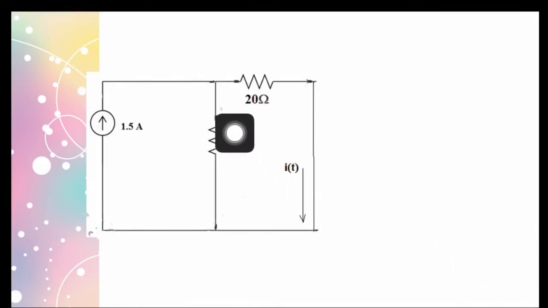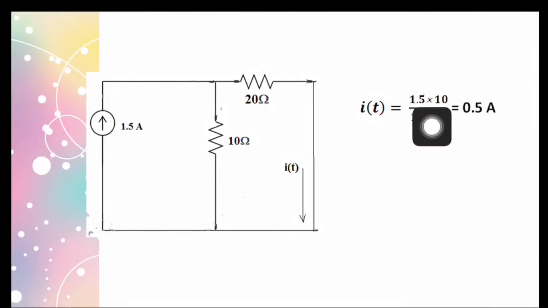Now look at this point. At this point, this current 1.5 ampere divides between these 2 parallel resistors. Based on the current division rule, this current I(t) can be expressed as 1.5 into 10 by (10 plus 20), that is 0.5 amperes. Thus, we obtained the value of current I(t) at t equal to 0 minus as 0.5 amperes.